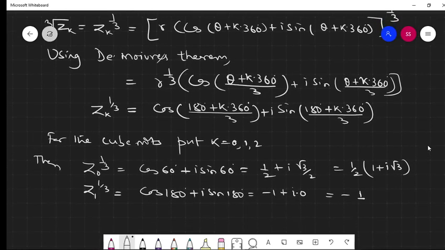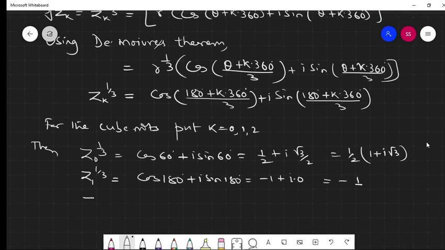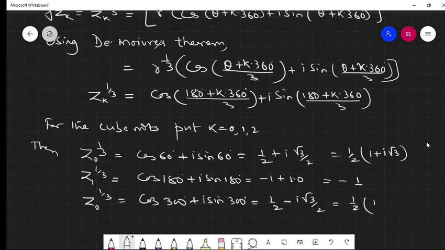And next z2 to the power 1 by 3 equal 720 plus 180 is 900, divided by 3 is 300. So you can write cos 300 degree plus i sin 300 degree equal 1 by 2 minus i root 3 by 2 equal 1 by 2 common 1 minus i root 3.